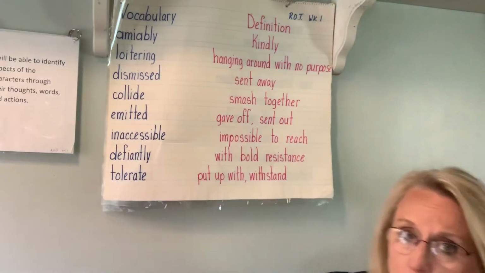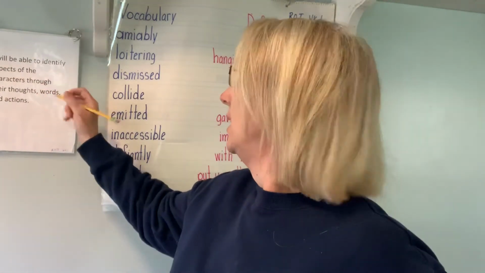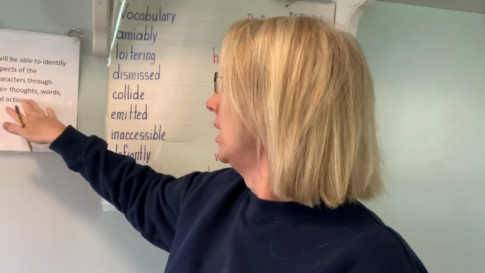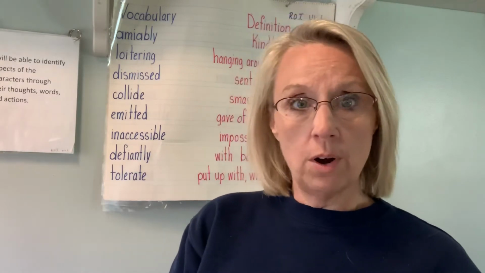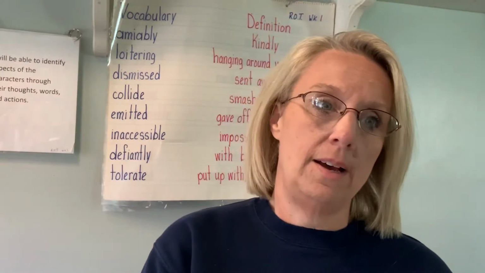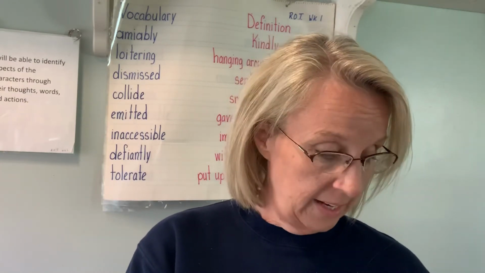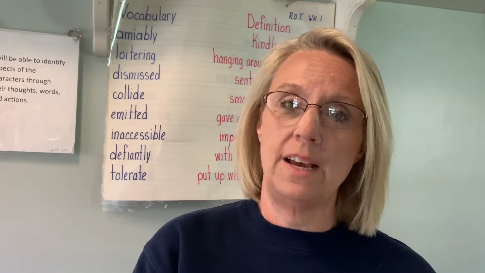So we also want to keep in mind what that end in mind is, which is I will be able to identify aspects of the characters through their thoughts, their words, and their actions. So far we have been introduced to the Logan kids, Cassie and Stacy, and Little Man, and the other brother, Clarence.